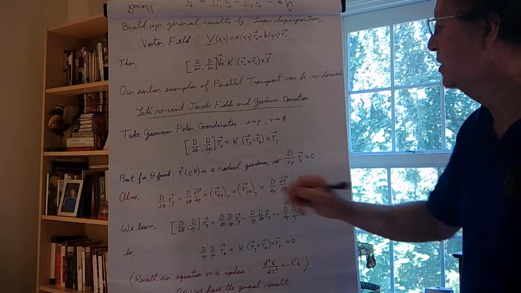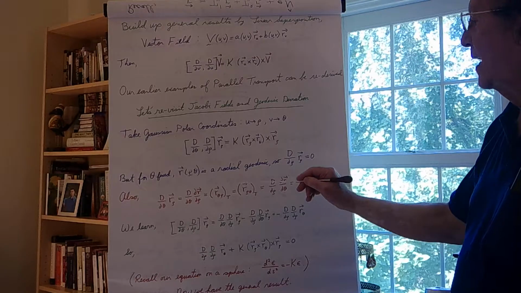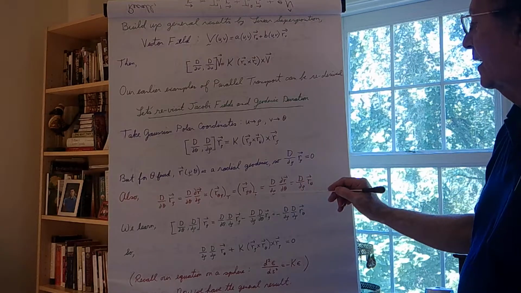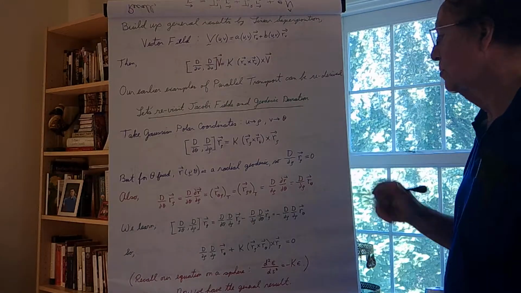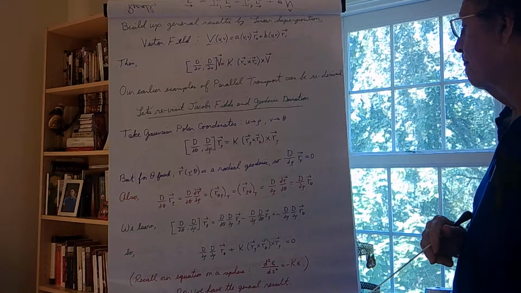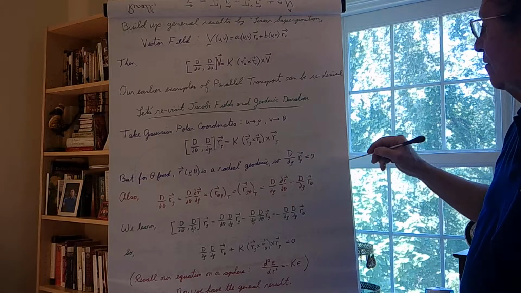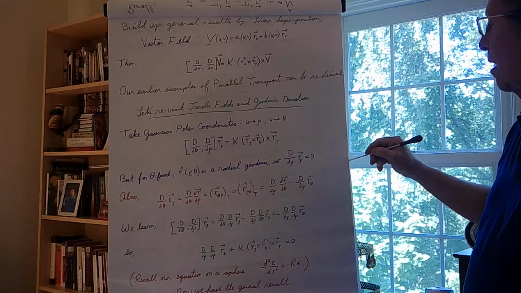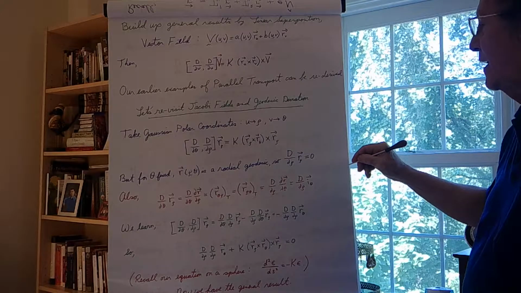I'm going to clean up this term a little bit, and so that's why I'm doing this manipulation. Once I have it as a second derivative in the tangent plane, I can reverse the order of those differentiations, because that's just ordinary differentiation and those components commute. Once I write it like that, I can write it as dr by d theta and then the covariant differentiation in the rho direction.